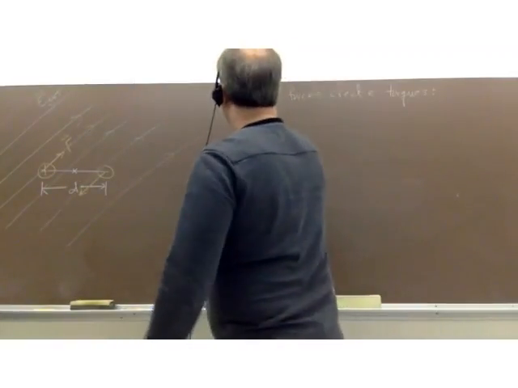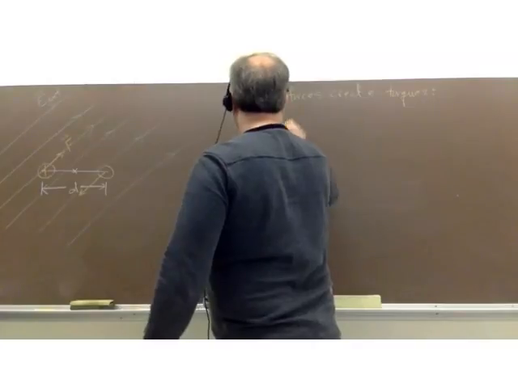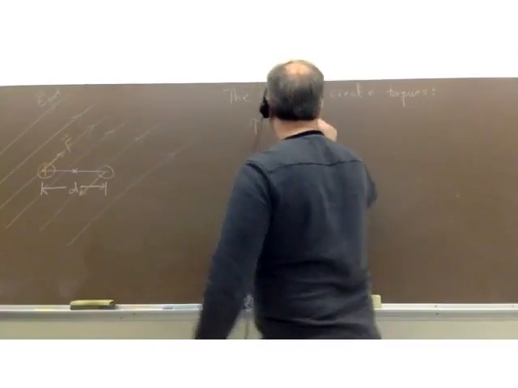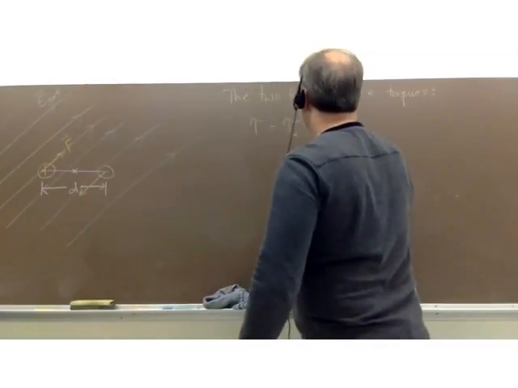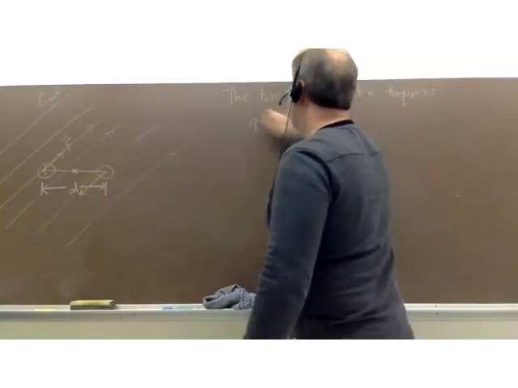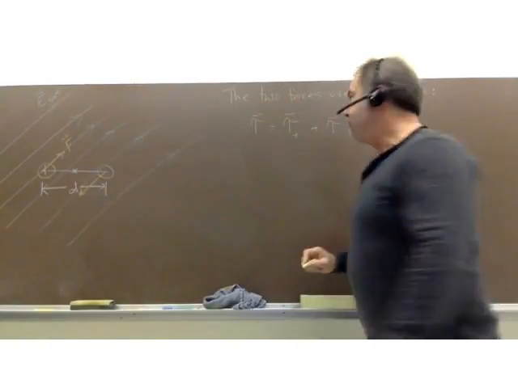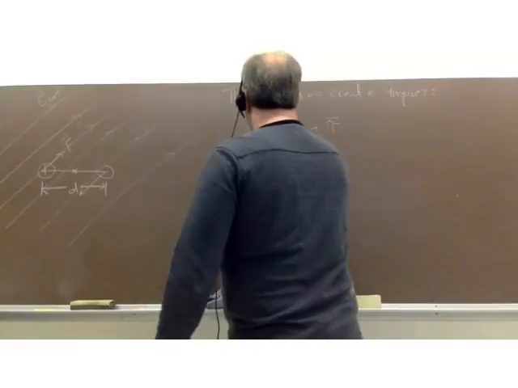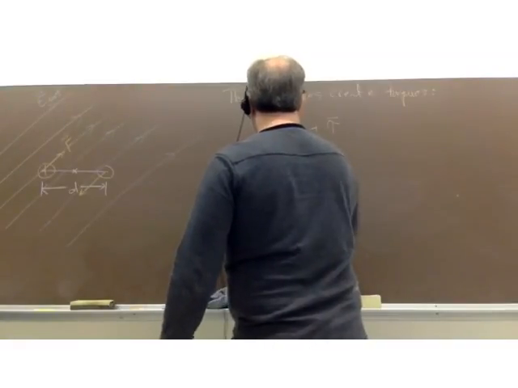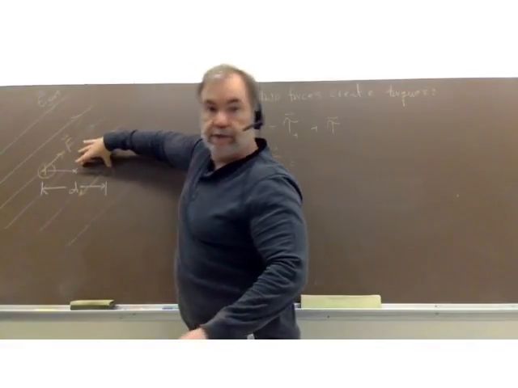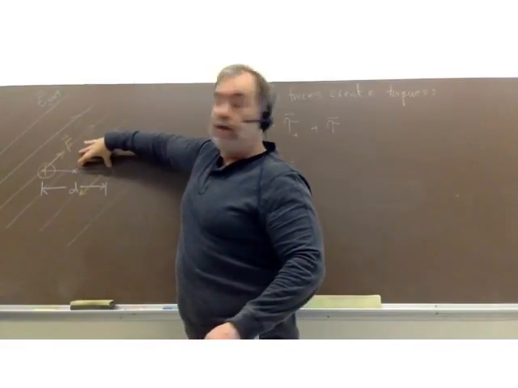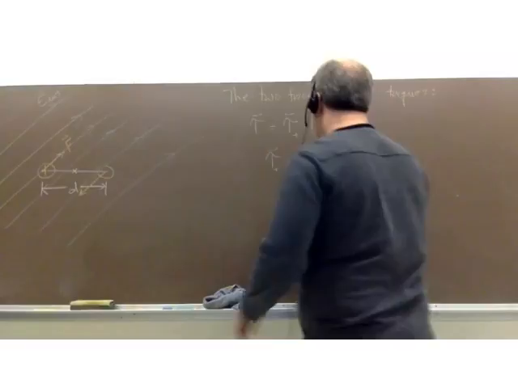So the total torque is the torque on the positive charge plus the torque on the negative charge. And remember, a torque is a vector, right? The torque on the positive charge is going to be its moment arm, which is d over 2, crossed with the electric force on it.